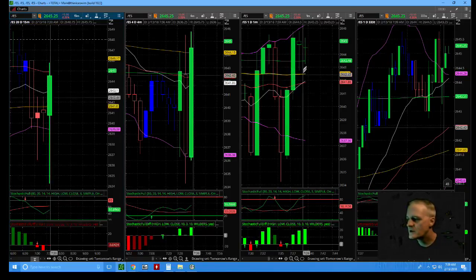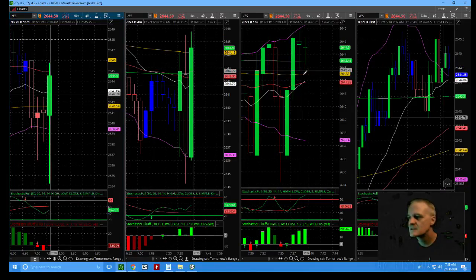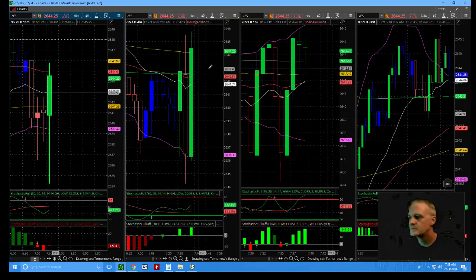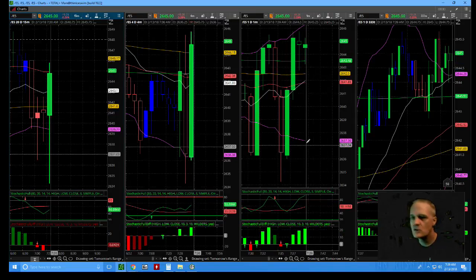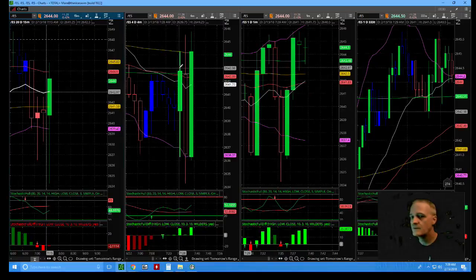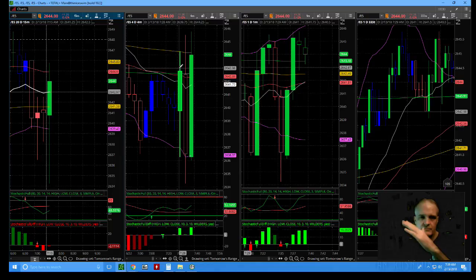It looks like 81 is turning up ever so slightly. That's the yellow plot right here. Obviously, the slower a moving average is, which means the more number of periods it's averaging over, the less rapidly it's going to change its slope or its trajectory.